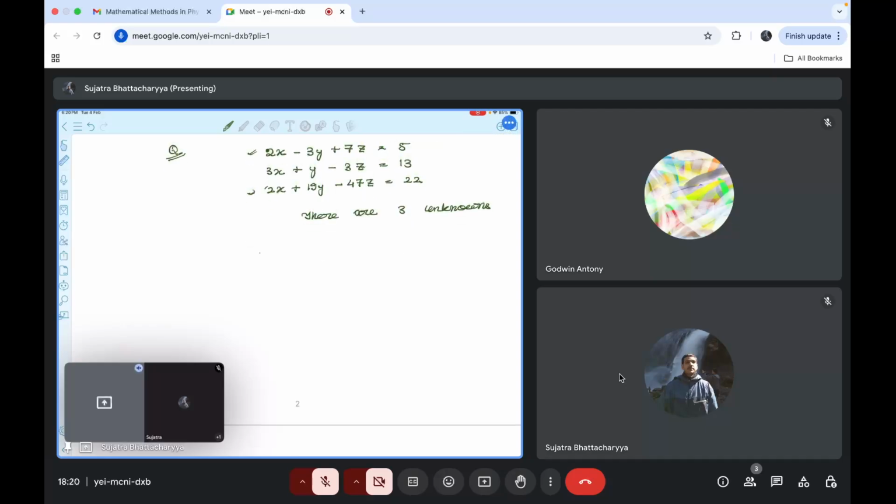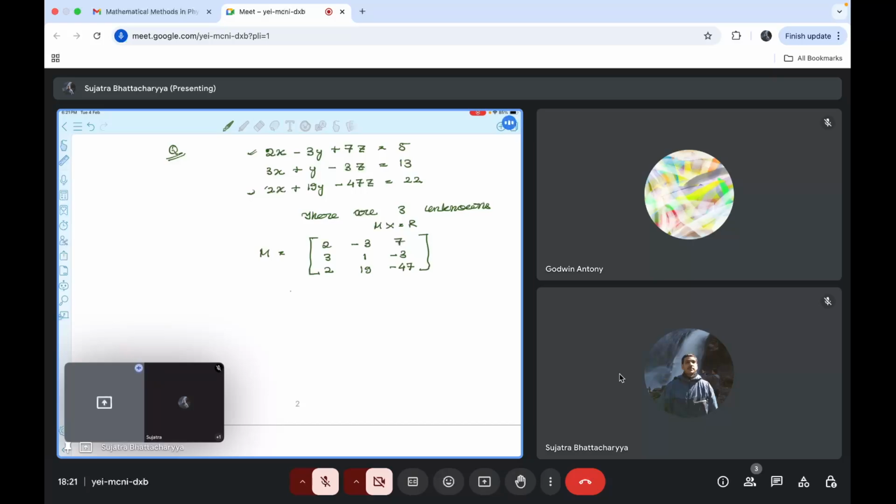The second point is that suppose you have a matrix M, because we want to write it in terms of MX is equal to R. The M matrix will be 2, minus 3, 7; 3, 1, minus 3; and 2, 19, minus 47. This is your actual matrix.